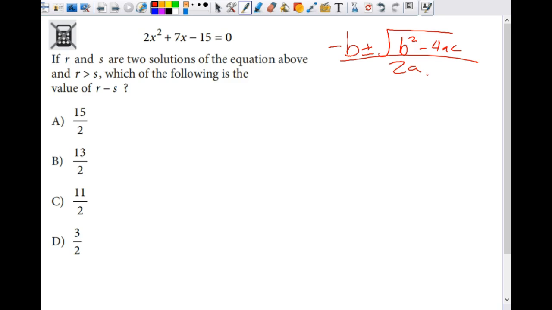That is the quadratic formula. You should have learned that in algebra 1.